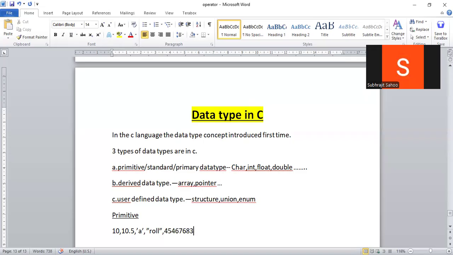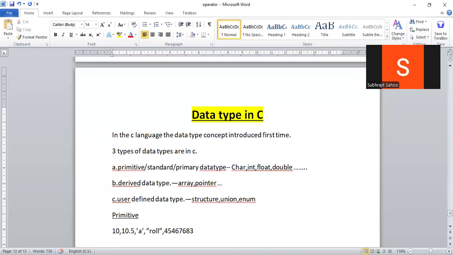A is character data, roll is string data, and this is a very big number, right? 4546768 3. It is treated as long integer data, right? So based on the requirement of using data or values in the program, they introduced the data type concept. And whenever we are using those values, that data in the program, it is mandatory that we take care about the data types.